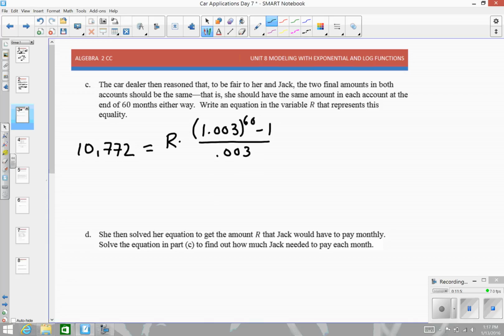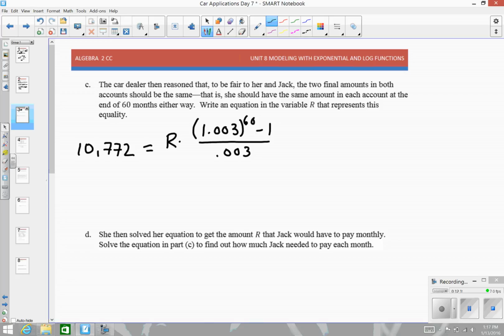Okay, I need to solve for R. So what I would do in my calculator is take my 0.003, maybe multiply both sides of my equation by that, and then figure out what 1.003 to the 60th minus 1 is. That's my coefficient of R. Divide both sides by that number, and I'll get my R value.